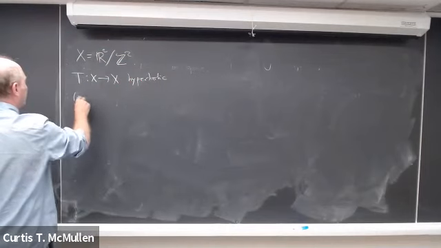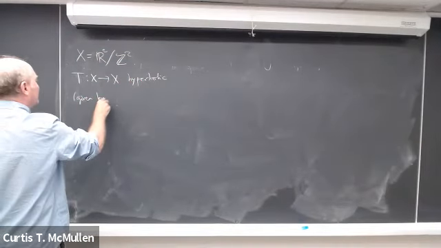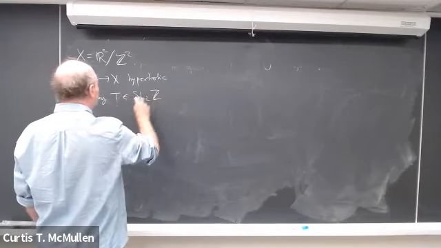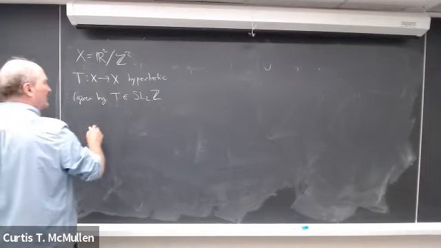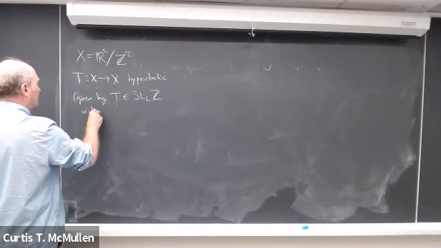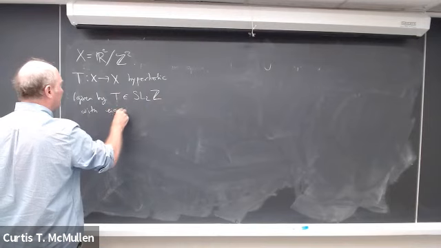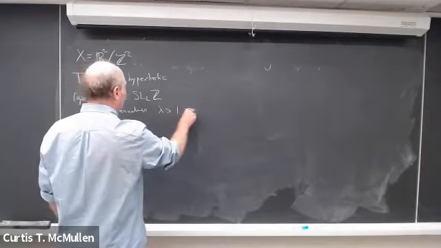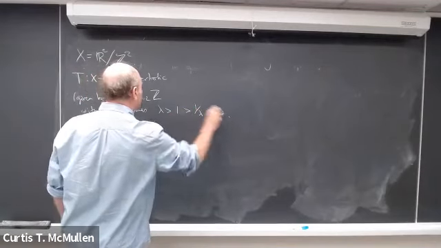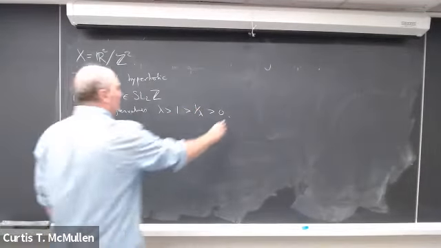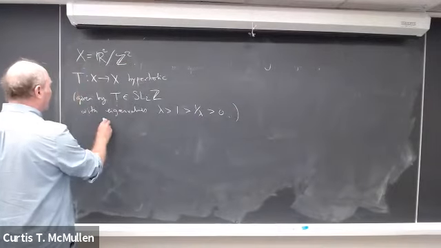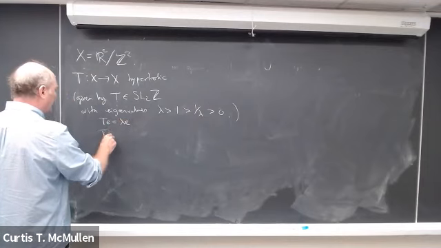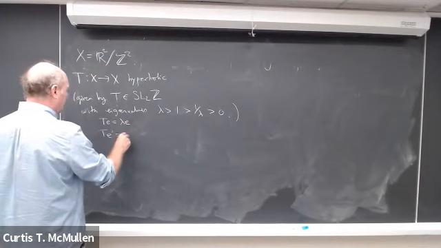In other words, it's given by T in, let's say, SL2Z or GL2Z. I'll say SL2Z for completeness, with eigenvalues, and again, just for concreteness, I'll say lambda greater than 1 over lambda. And of course, there's then a vector E such that TE is lambda E, and another vector E' so that TE' is E' over lambda.